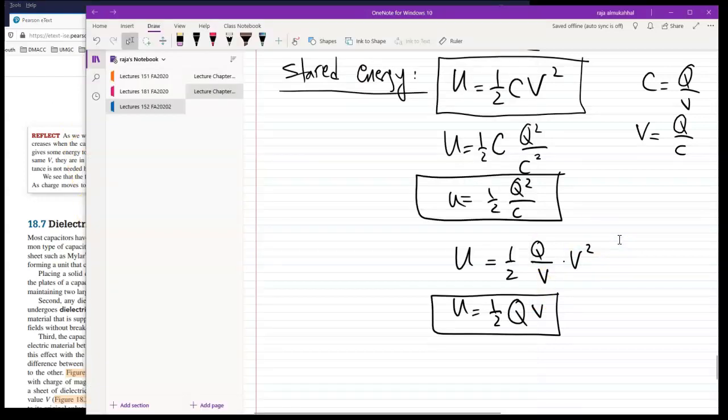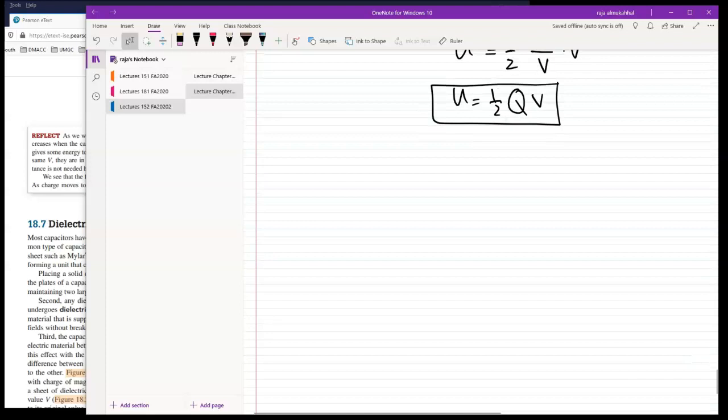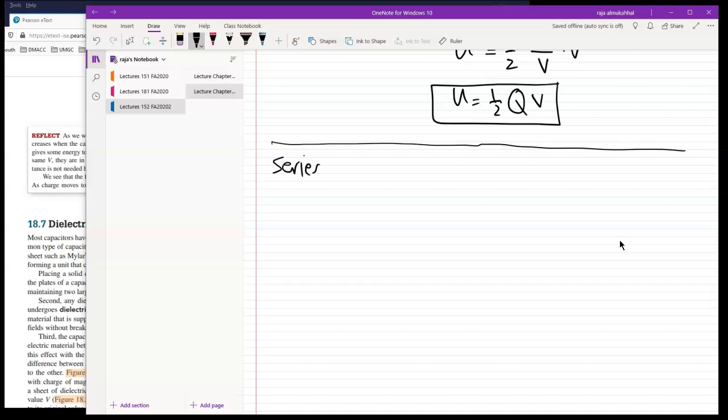Let's talk about combination of capacitors, which is series and parallel combinations of capacitors.